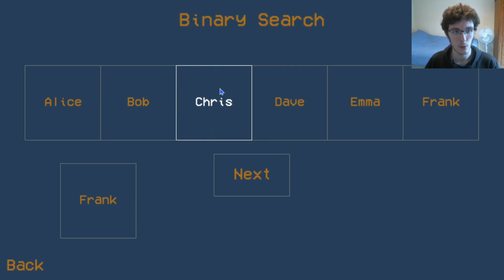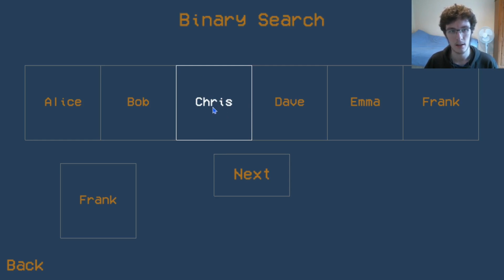In this case, we know that Frank should be on the right of Chris. This is quite powerful because we've only done one check so far. We've gone to the middle and we found Chris and we've done one check.